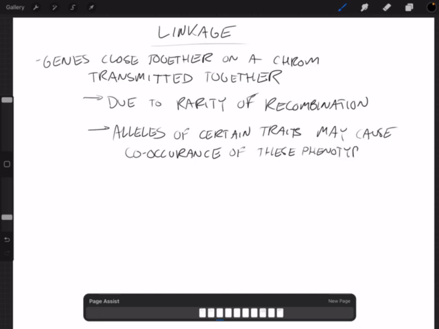Which violates the law of independent assortment.